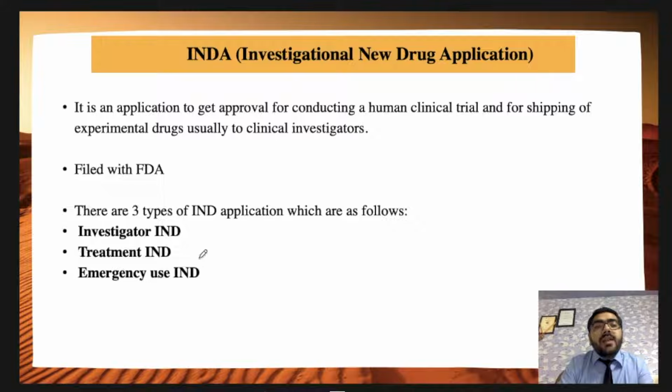Treatment IND is filed with the FDA for serious or life-threatening conditions. If the experimental drug is promising for use in a particular disease, the FDA will review that IND and authorize its use in the serious or life-threatening condition.